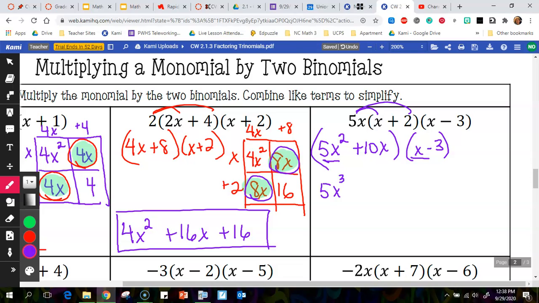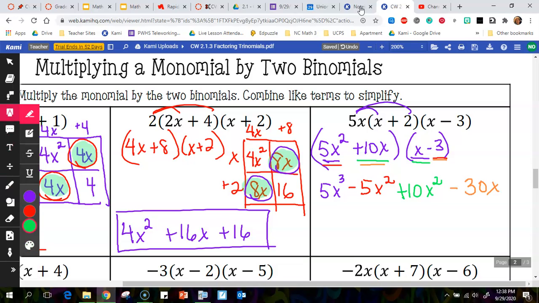Then my outside terms, which is 5x times negative 3. That's 5x squared, I'm sorry, minus 5x squared. My inside terms are my plus 10x and plus x. That is plus 10x squared. And then my last terms are the 10x and the negative 3. That is minus 30x. I have two like terms I can combine here.